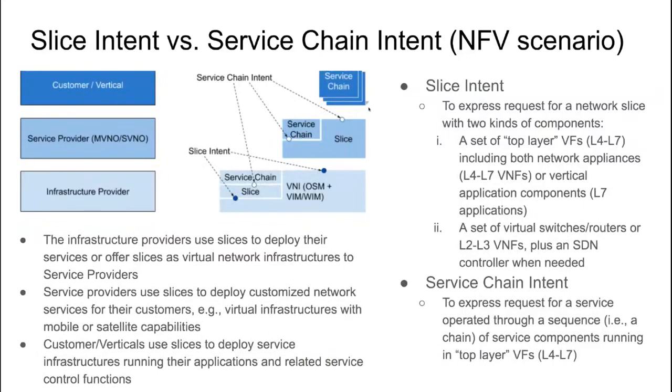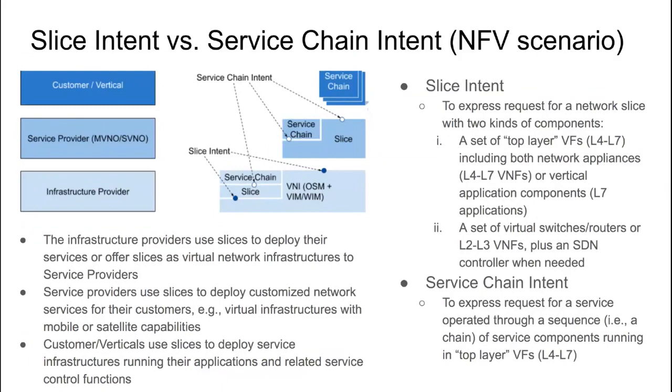So that's why on top of slice we also have service chaining, because typically a slice comes with a set of service chainings that regulate traffic inside the slice among different components.